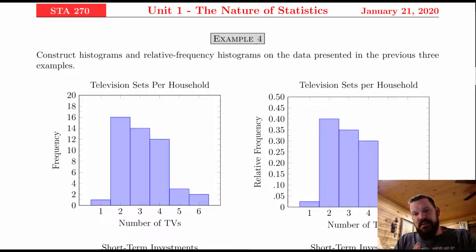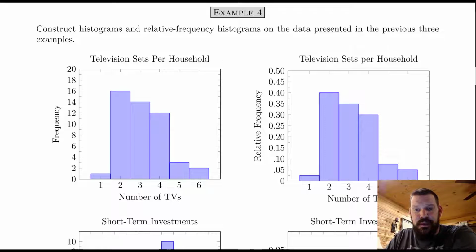And this comes into play later on when we look at shapes of graphs and the uniformity of the data, how it's distributed. We're going to start talking about normal distribution, whether it's right skewed, left skewed, unimodal, bimodal, multimodal. Having a histogram and knowing how to construct it will be of great importance and usefulness when you are trying to figure these things out.